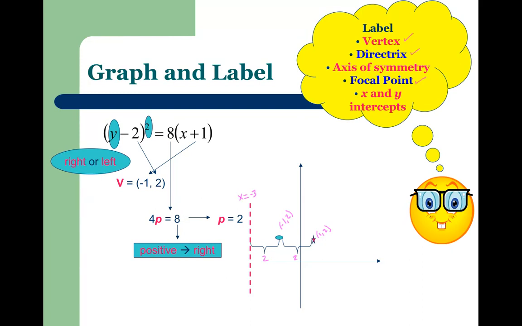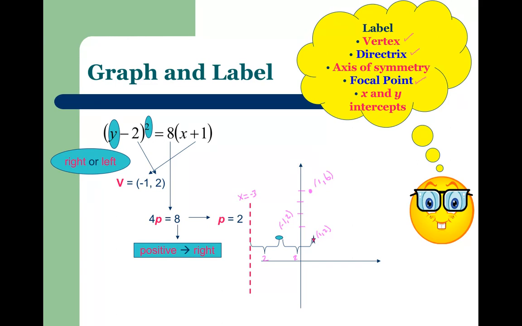If I go 4 up from 2, this is like 1, 2, 3, 4, 5, 6. So I'm going to go 4 up. This point right here, the point 1, 6, is 4 away from the focus and 4 away from the directrix. I can do the same thing and go 4 down.